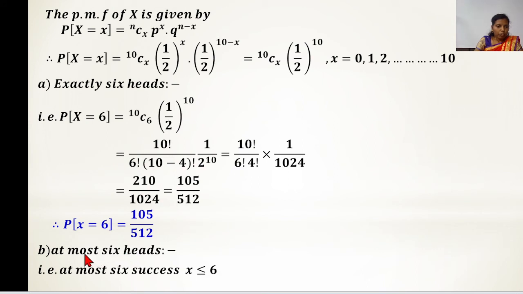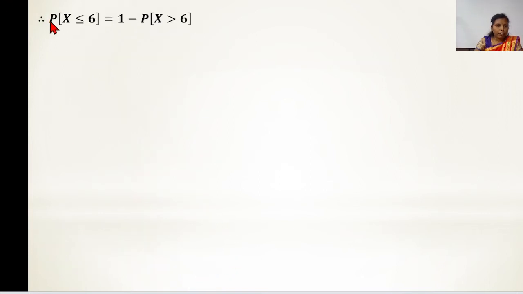Now next we have to find at most 6 heads, that is, at most 6 successes, X less than or equal to 6. Therefore, P(X ≤ 6) is equal to 1 minus P(X > 6).